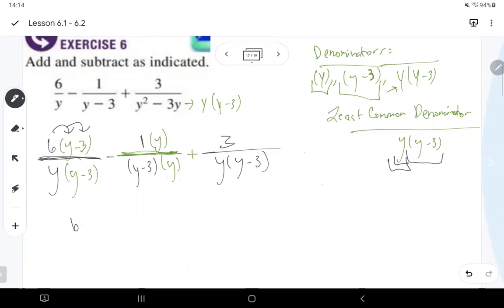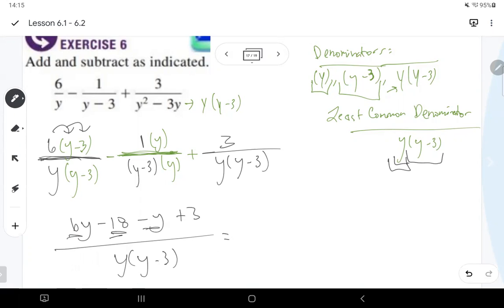So we'll have 6y minus 18 minus y plus 3 all over the denominator of y minus 3. Bring the 6y and the y together, the negative 18 and the positive 3. So you end up with 5y minus 15 over y minus 3.